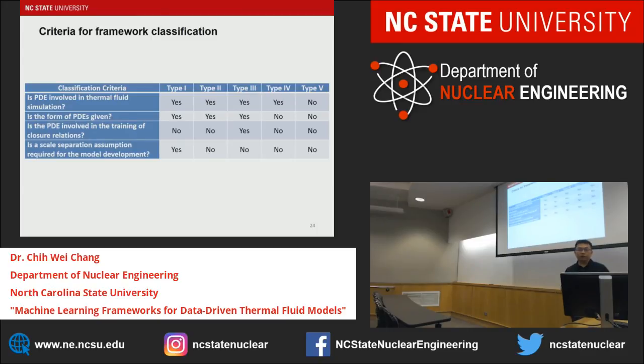The third criterion is: is the PDE involved in the training of closure models? By this one, we can separate the type 3 machine learning from the other 2. The last one is whether a scale separation assumption is required for the model development. By the last criterion, we can distinguish the type 1 machine learning from the type 2 machine learning.